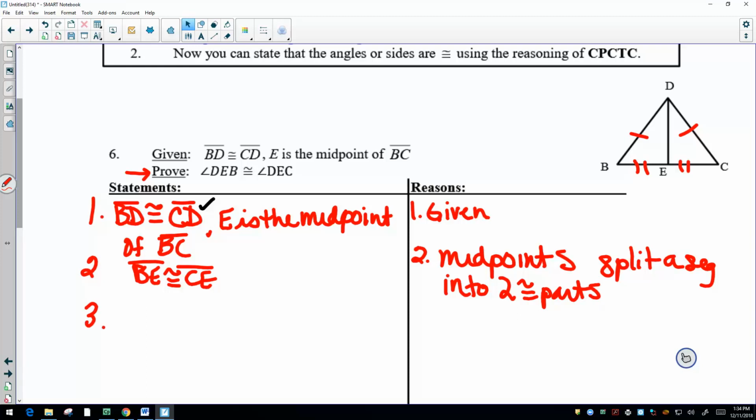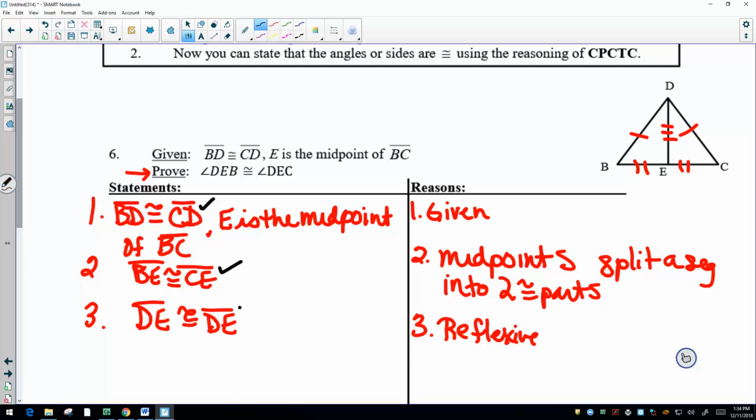And our third, well, we've used up our given. I'm going to go to my picture, and again, I'm going to notice they're sharing a side. They're sharing that side DE. So I can say DE is congruent to DE because it is reflexive. And I'm counting.